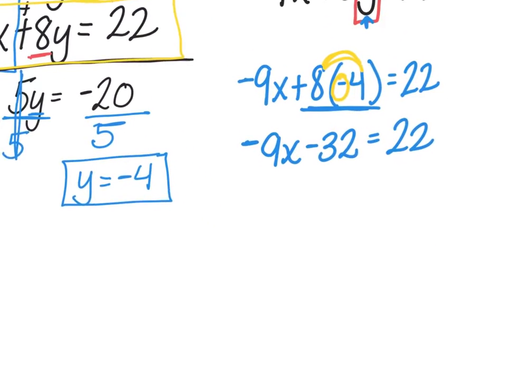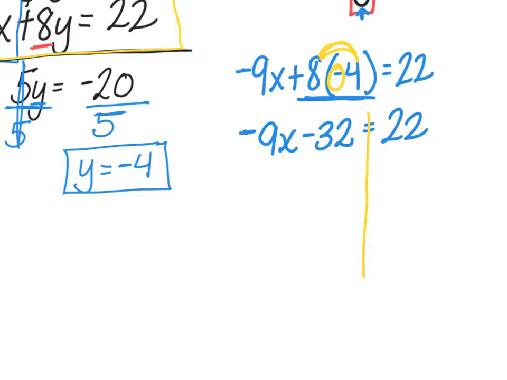At this point in your life, hopefully you're saying, I know what's going to happen. Now we're going to do a t-chart. So here's my t-chart. I'm going to say plus 32 because I want to move 32 to the other side first because my goal is to figure out what x is. When I add 32, it's going to eliminate on the left. They're going to cancel each other out. And then I'm going to have 54 over here.